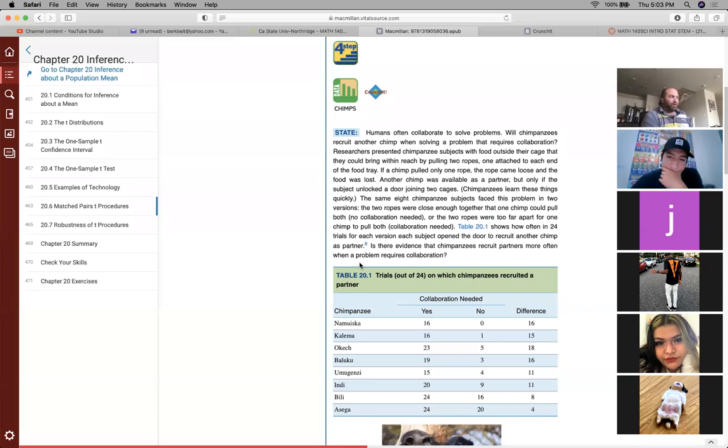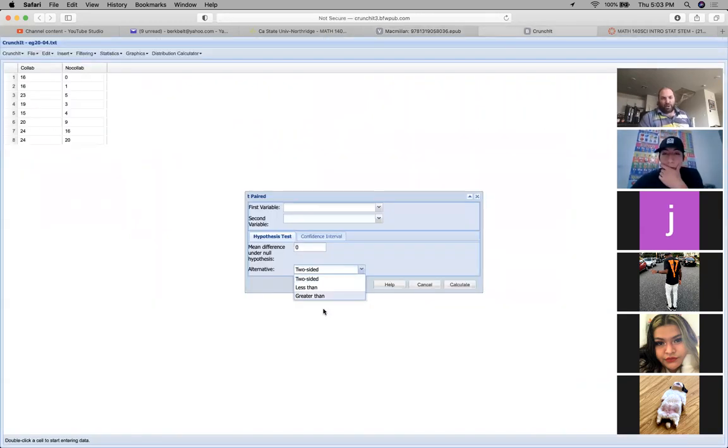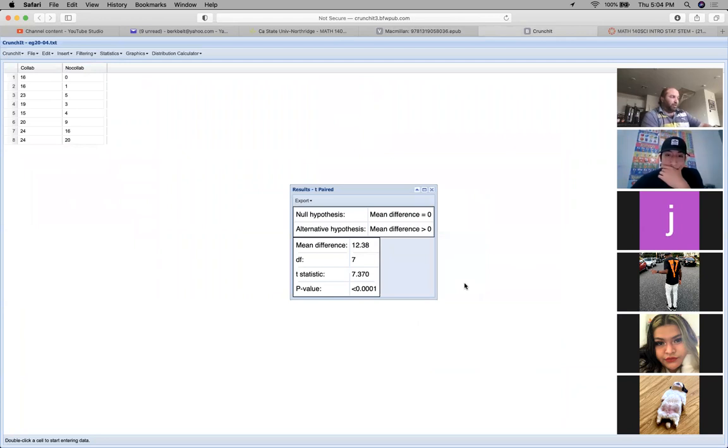So we're checking whether or not collaboration is greater. So yes, it is a greater than. The first variable is the collaboration variable. The second one is a non-collaboration variable. And then we calculate. And what do we see in this situation?